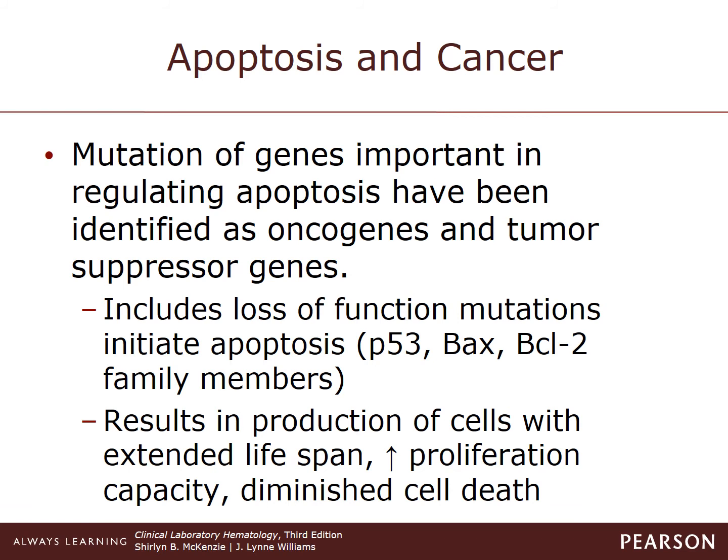The mutations of genes important in regulating this have also been identified as an oncogene and a tumor suppressor gene. What results is an increased production of cells, an extended lifespan, and a diminished cell death situation.